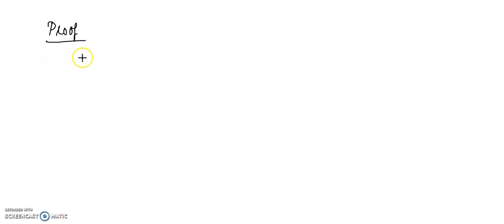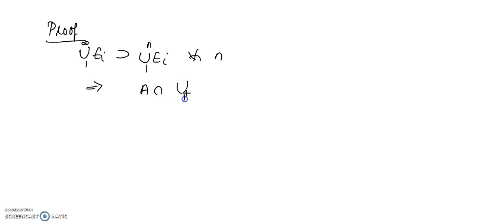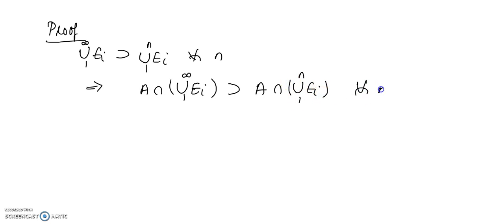Now, the sequence Ei is a sequence of disjoint measurable sets. So if you take union 1 to infinity Ei, that contains union 1 to n Ei for all n. That implies A intersection union 1 to infinity Ei contains A intersection union 1 to n Ei for all n.